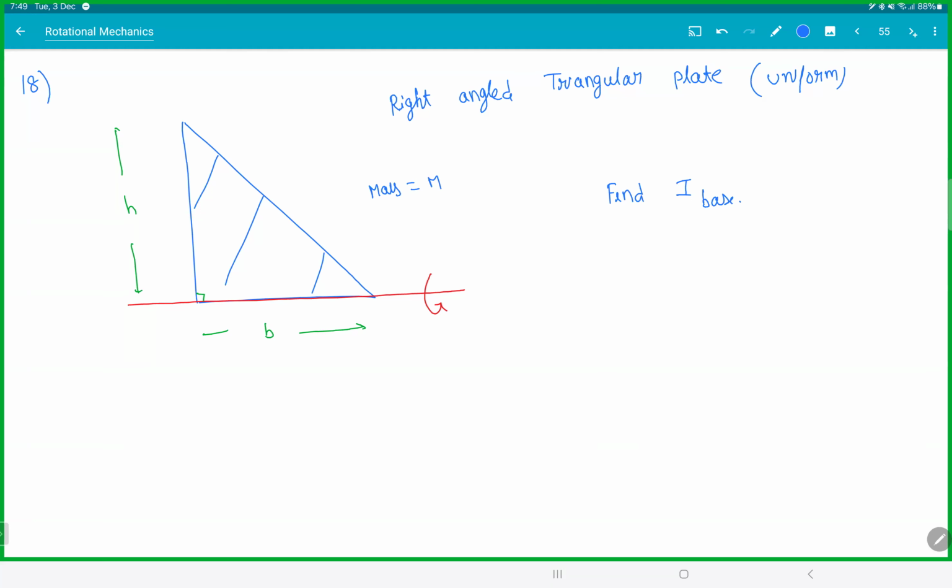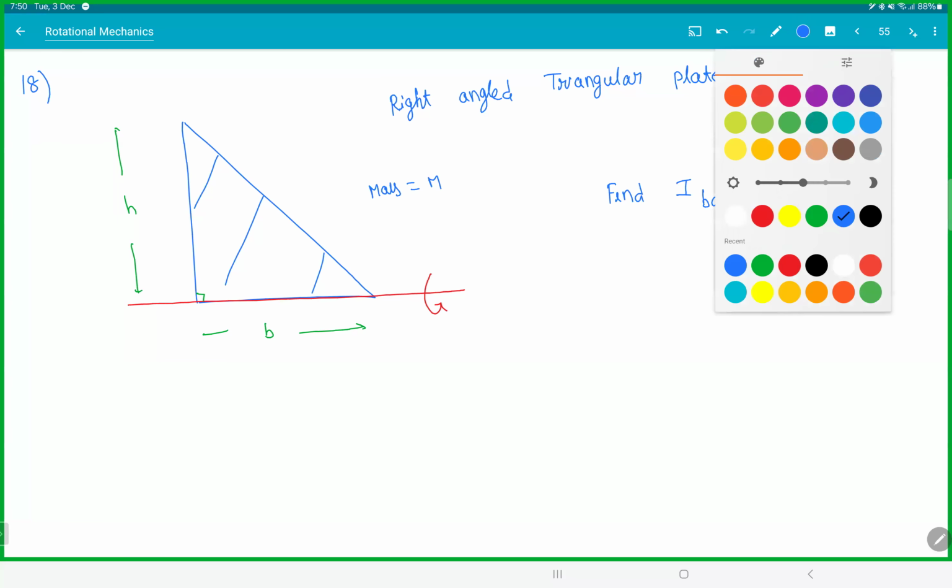So think about how you will choose an element. Just to give an idea, there are two ways you can choose this, but I would prefer like this.